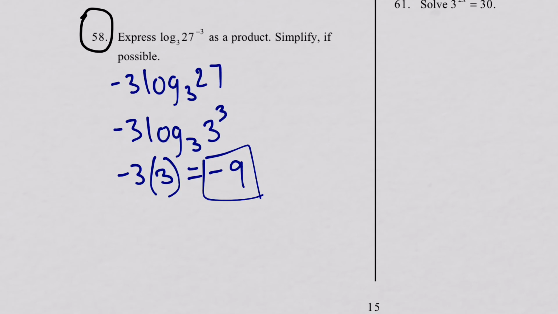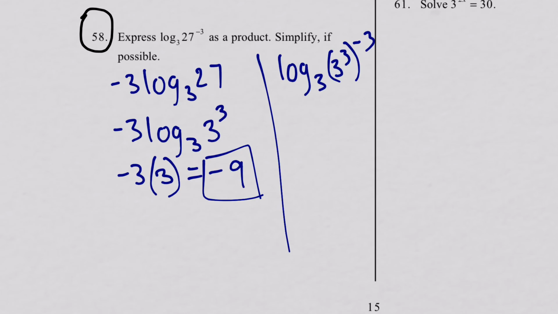You could have, right from the beginning, let me just write it again. It's actually real simple, so I have time to do it. Log base 3 of 3 to the 3rd to the negative 3. Dang, that's a lot of 3's now. Notice what I did. It's the same problem as the original, except I wrote 27 as 3 cubed. Right? The 3 of the base is still there, and the exponent of negative 3 is still there.